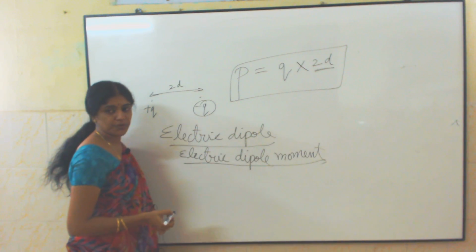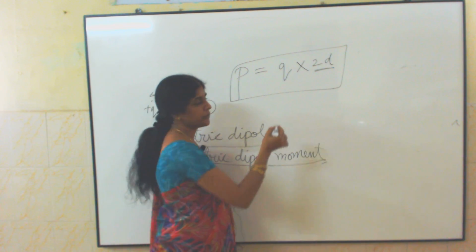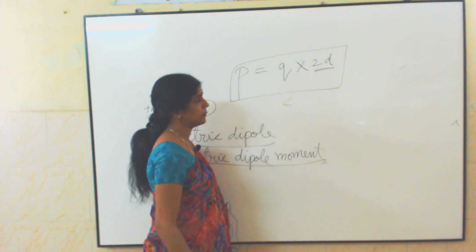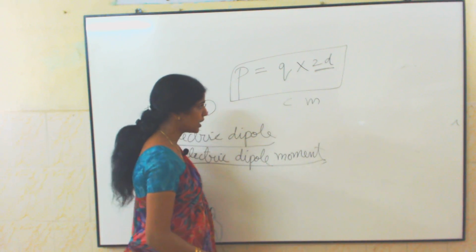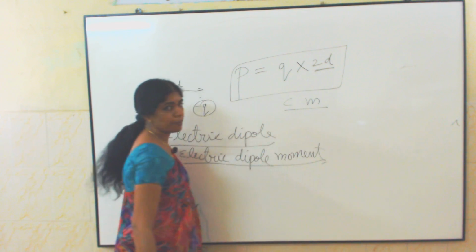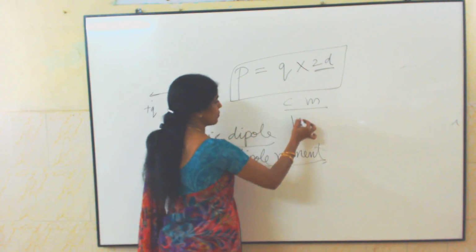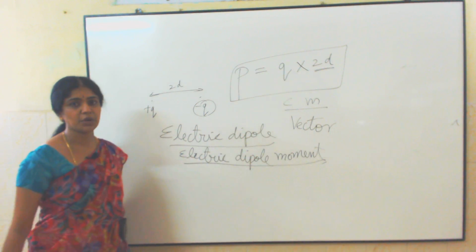Can you write the unit for this? What is the unit for charge? Coulomb. Good. Unit for distance is meter. So here the electric dipole moment unit is coulomb meter. It is a vector quantity.